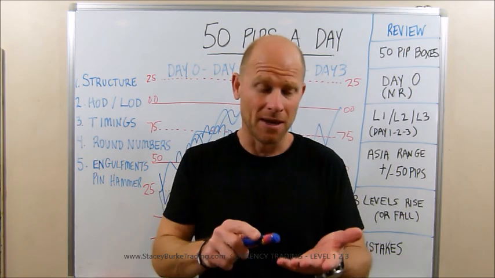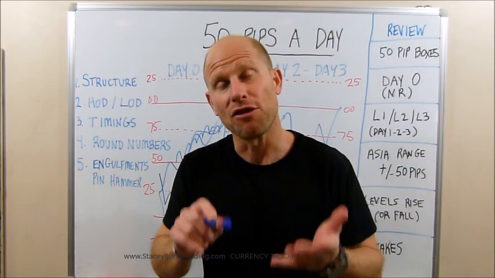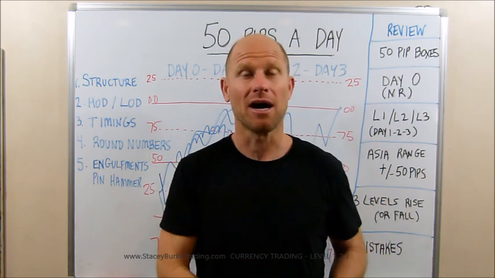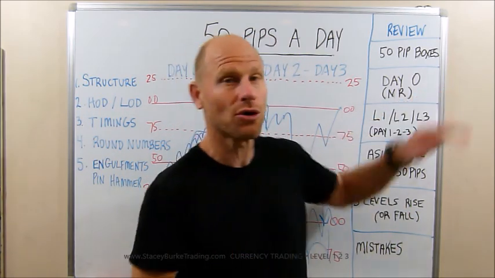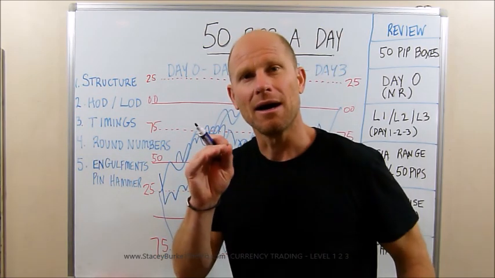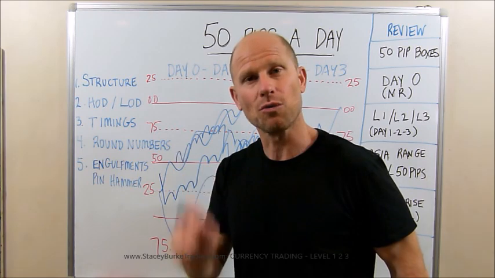But if they move it through the numbers as they did yesterday after a breakout of a previous day's day 0 range, you can expect to see a move back through to retest the high.